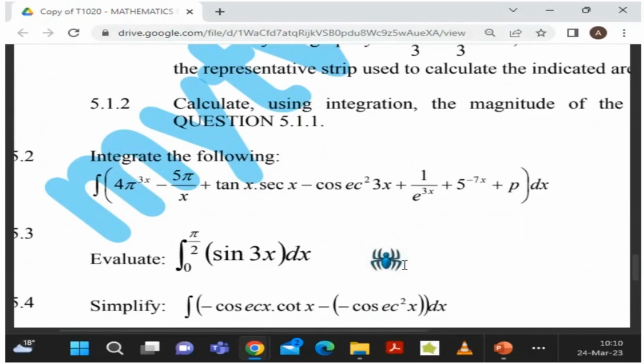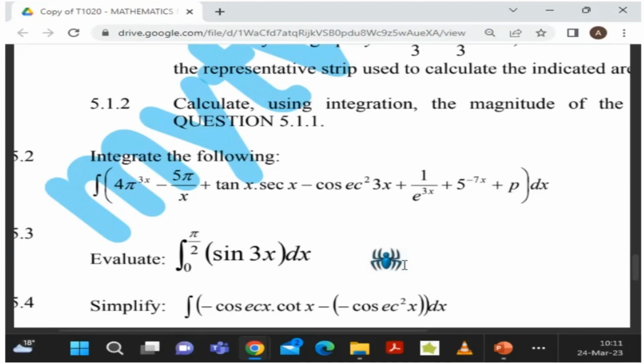Number one, 3 to the power of x, is fine.